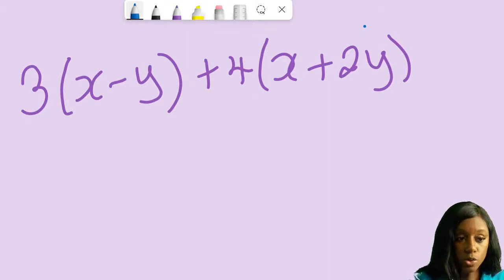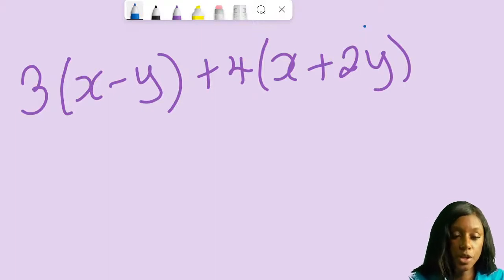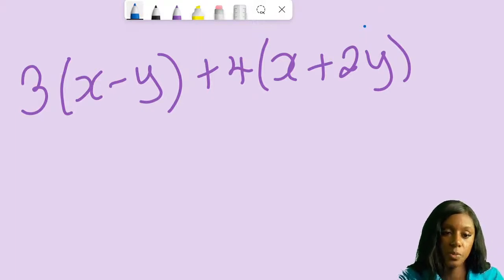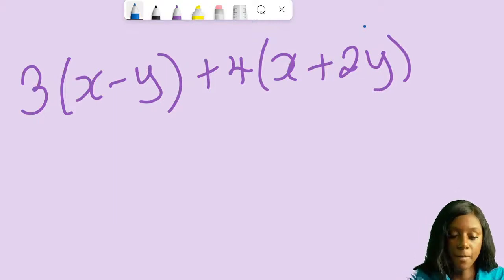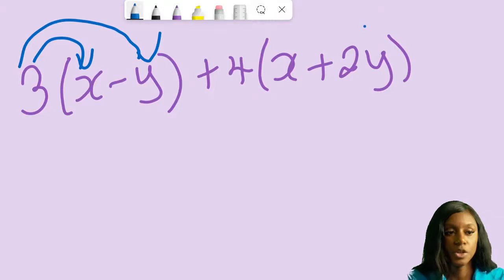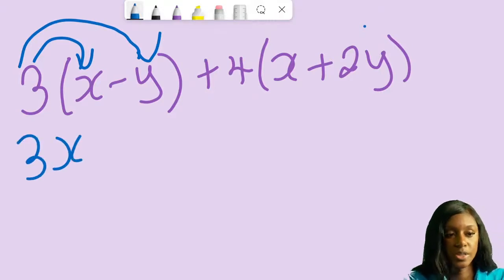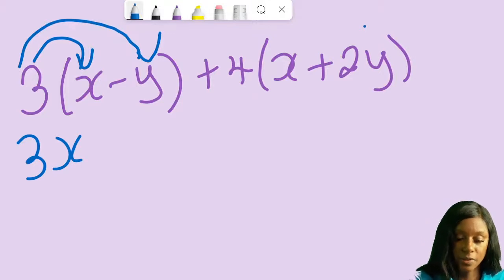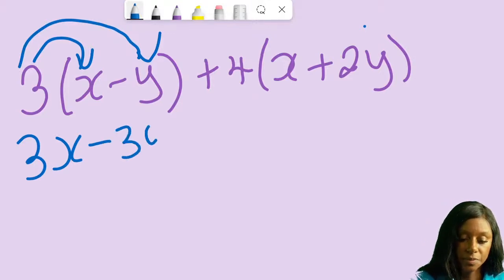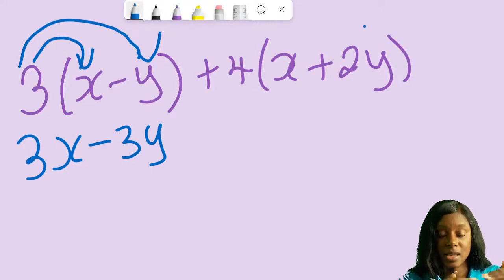So what you want to do is use the distributive law to bring the number that is on the outside of the bracket inside the bracket by multiplying it by each term inside the bracket. So 3 times x, that would give us 3x. 3 times negative y, that would give us negative 3y. Notice I said negative y because the subtraction sign next to the y means that it is negative.